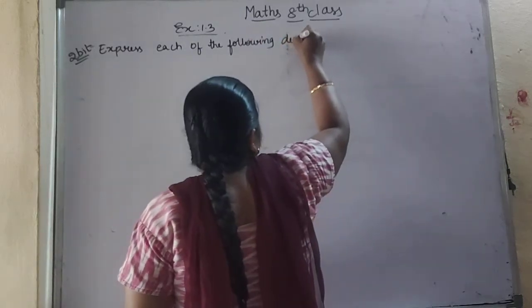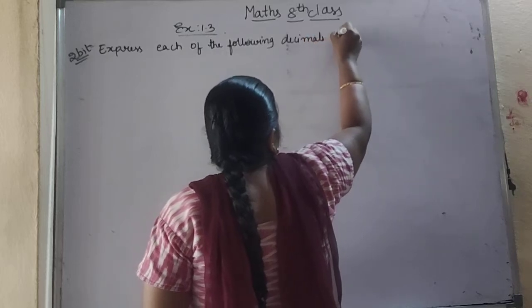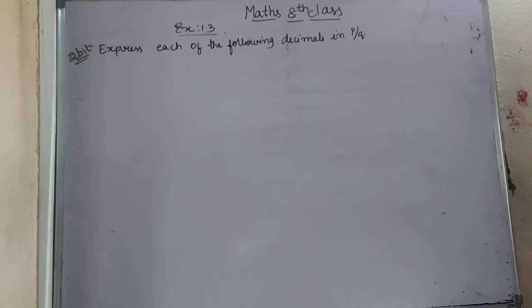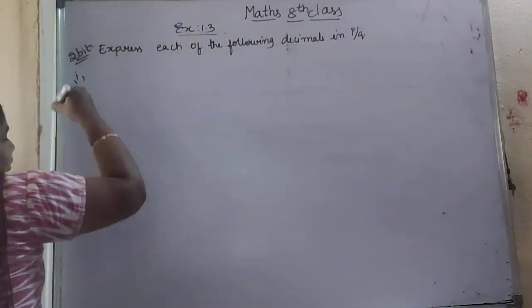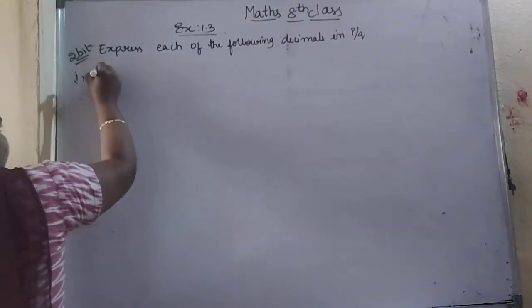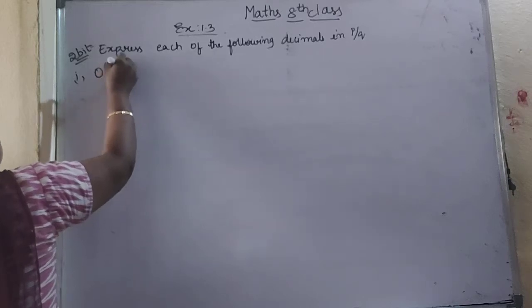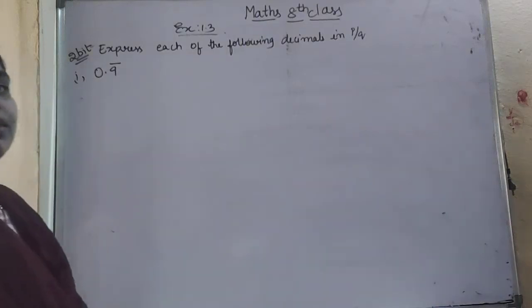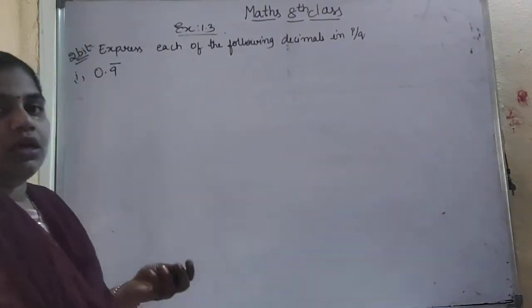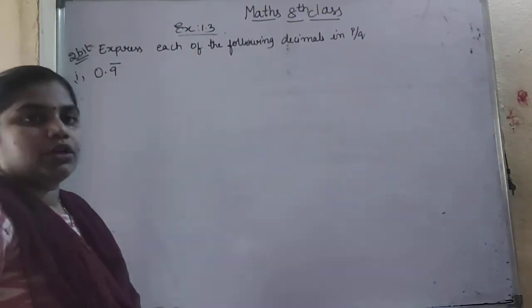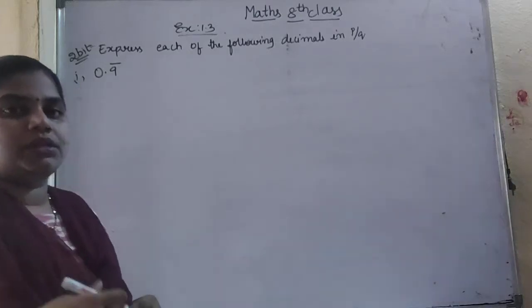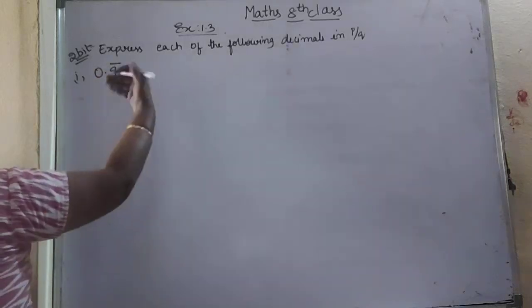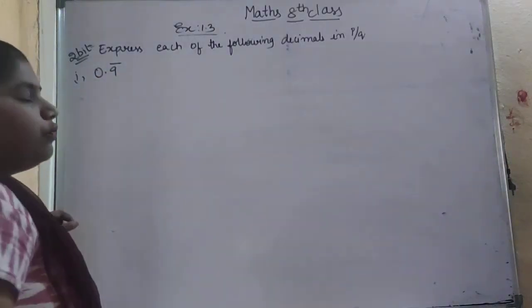P by q is nothing but rational numbers. So what is the first one? That is 0.9 bar. We call these types of numbers non-terminating repeating decimals. Non-terminating means not getting the remainder 0, and the digit will go on repeating. This one we have to convert into p by q form now.